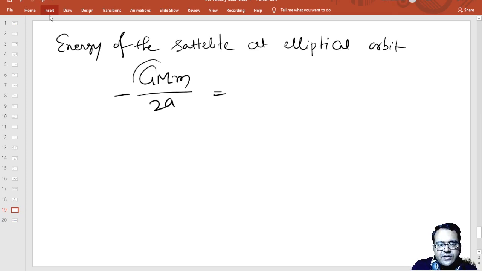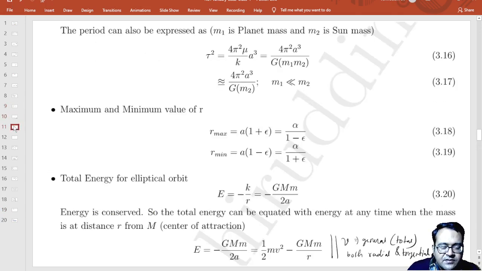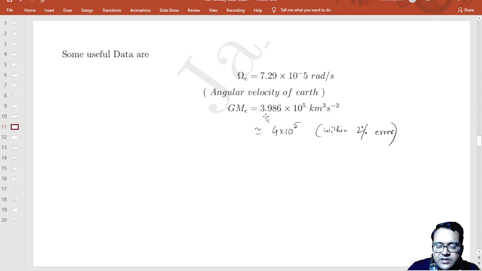We know GM is approximately 4 into 10 to the power 5 kilometers cubed per second squared, precisely 3.986 into 10 to the power 5. If we use kilometers everywhere, in both velocities and distances, then it's fine.